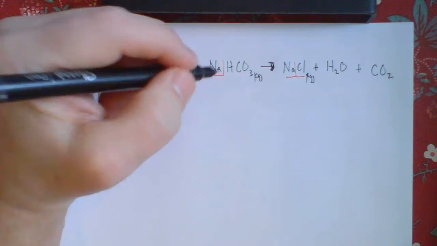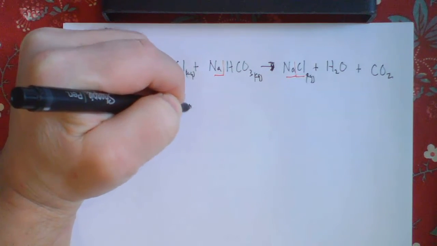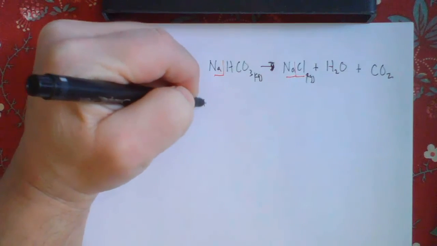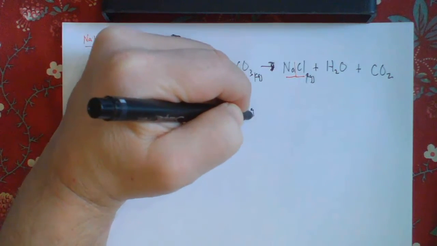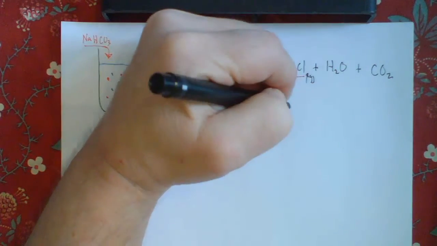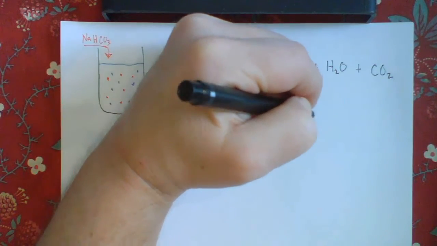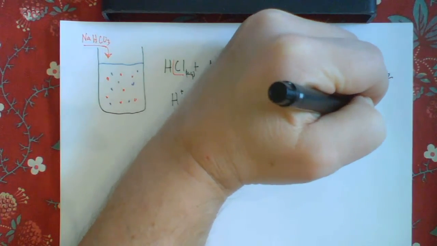So from an ion perspective, we get our hydrogen ions, we're going to get our carbonate ion or bicarbonate ion, and when that reaction takes place, we're going to get our water, and we're going to get our CO2 gas.